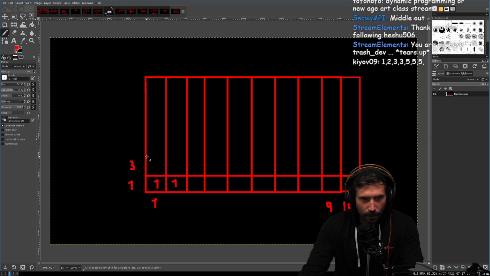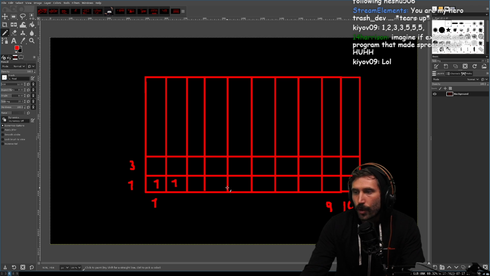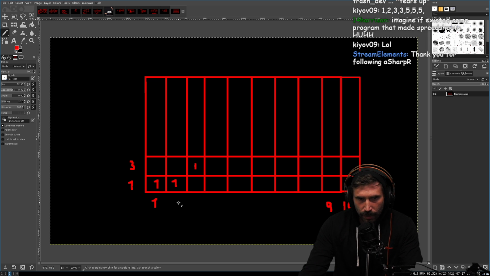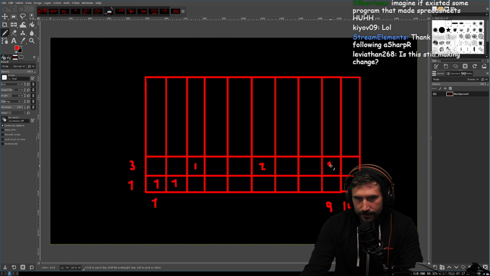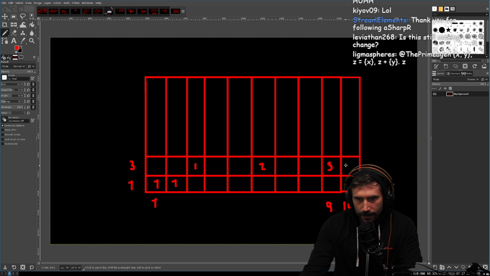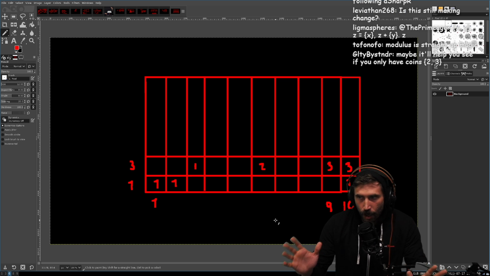Now, what happens if we start doing modulo this way? We'd have 1, because this is 1, 2, 3, 4, 5, 6, 7, 8, 9. I know for a fact I'm close.